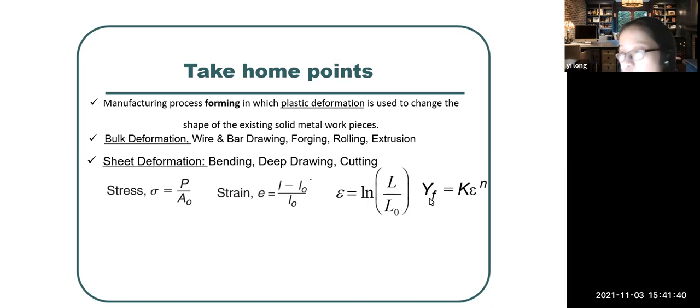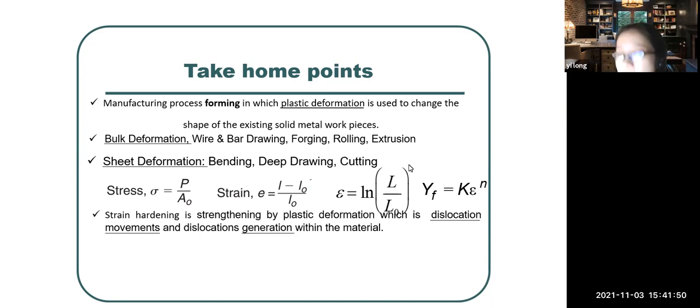This one is true stress, and people also call it flow stress. It's the same thing. Different books use different names. And this n is very important because it indicates the strain hardening exponent. Strain hardening means if your strain is higher and higher, the strength will be higher and higher.